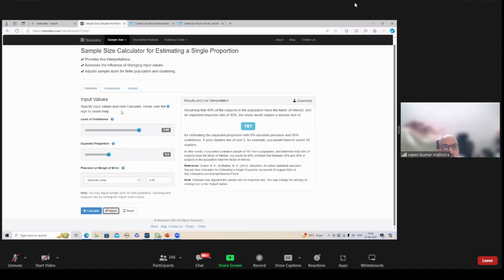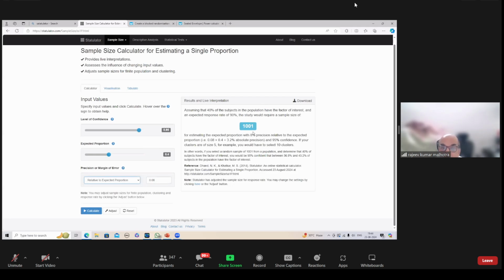So this is the online calculator. You can find out from the online calculator for estimation. Now, if I put here the relative, and I have not changed my percentage, the sample size will come to be 1001.